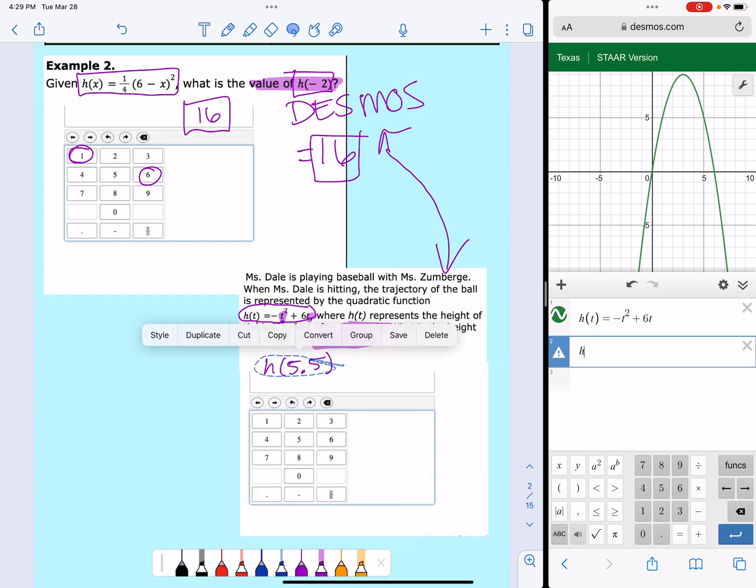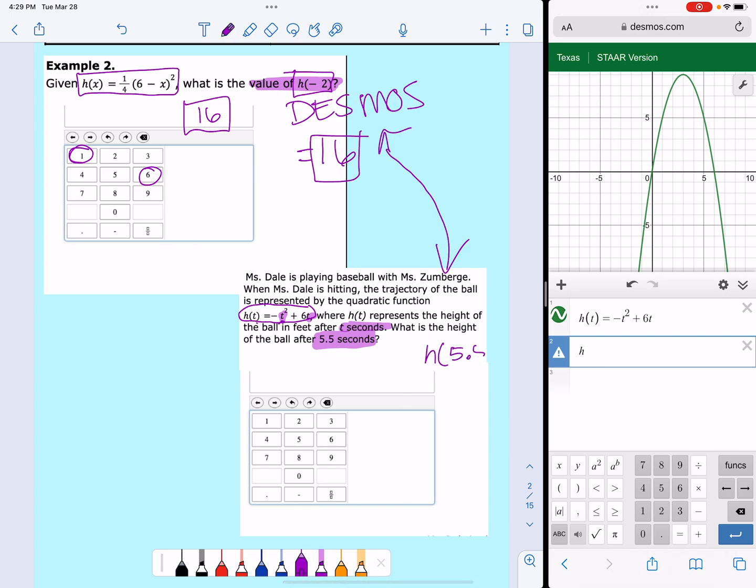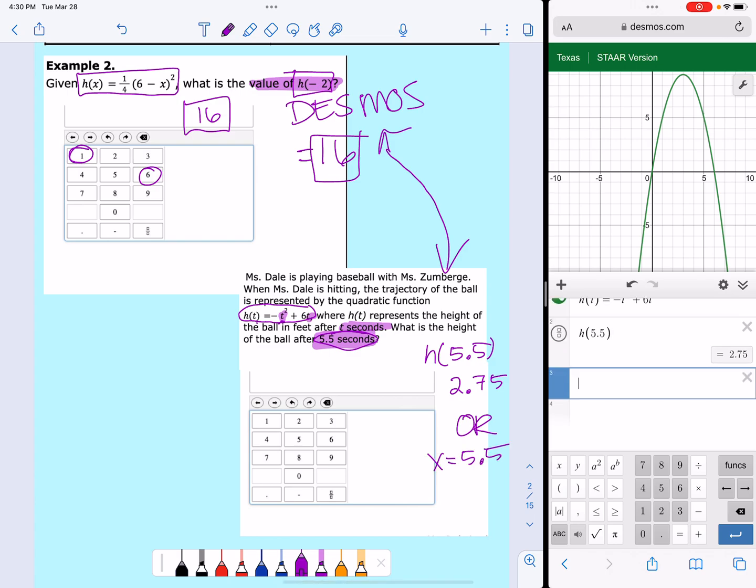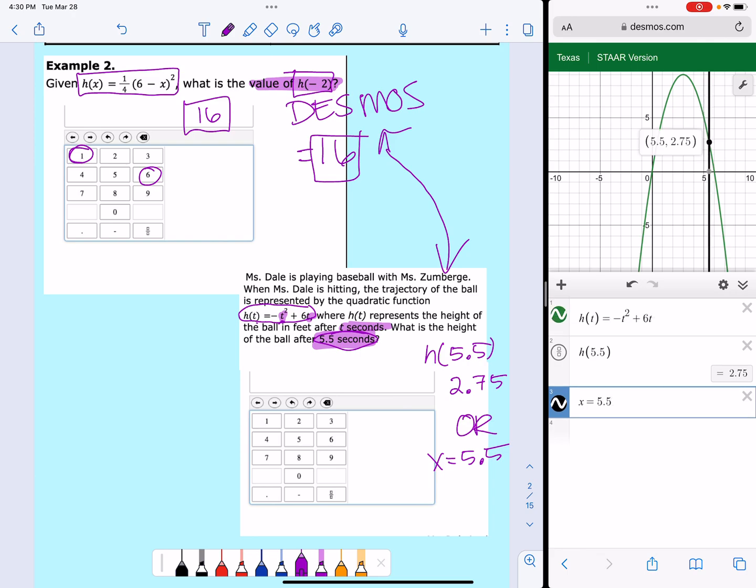h of 5.5. And that gives us 2.75. Or you can do it how we learned at the beginning of the year. 5.5 is technically our x, so x equals 5.5. We can graph that, x equals 5.5, and see where they cross.